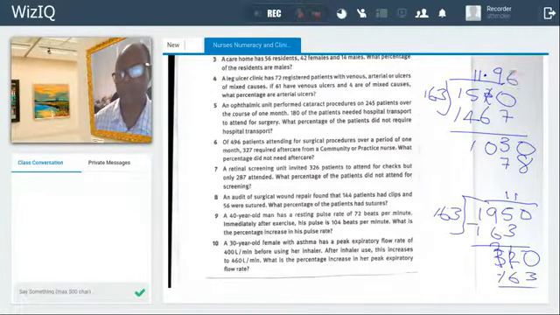So this is 6. 6 times 1 is 6. 6 plus 6 is 12. Then it's bigger. I made a mistake here.